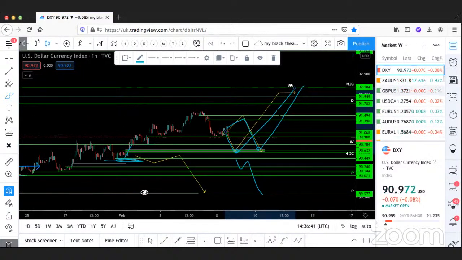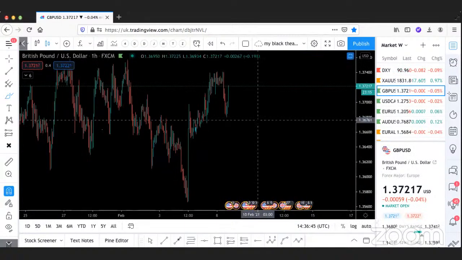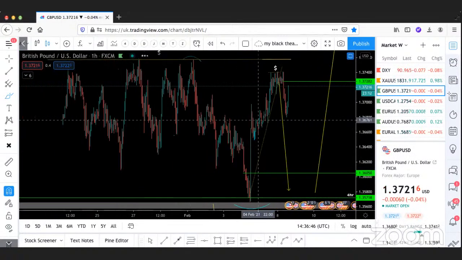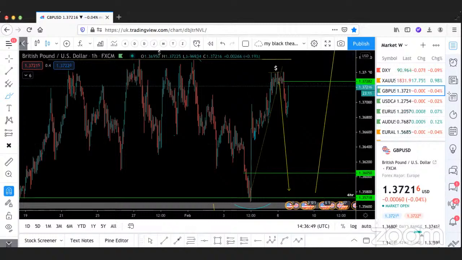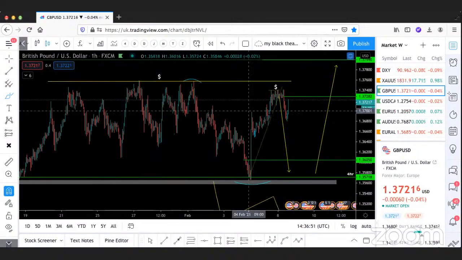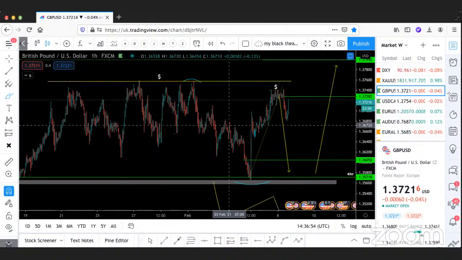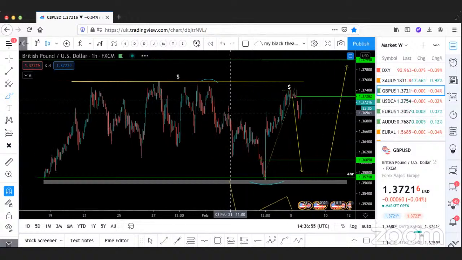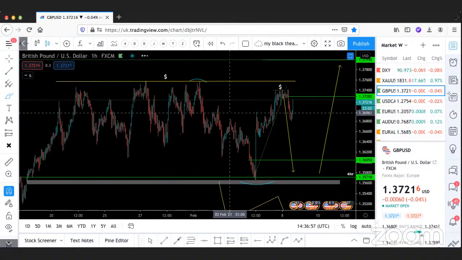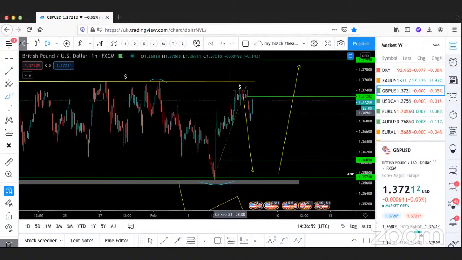Let's move on to GBPUSD. What we could see: GBPUSD, guys, we had a nice last move, and on a high time frame basis GBPUSD is bullish.